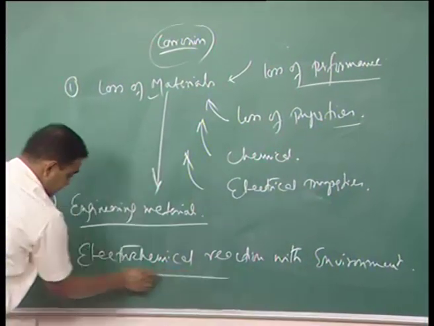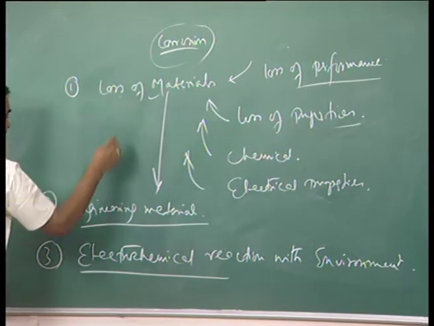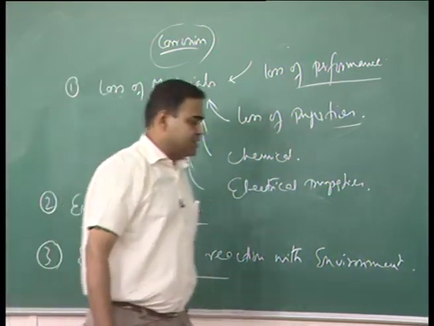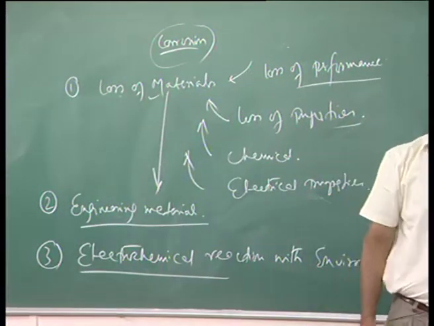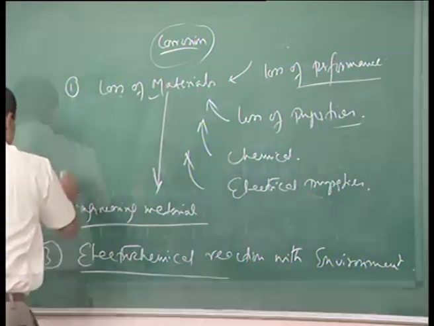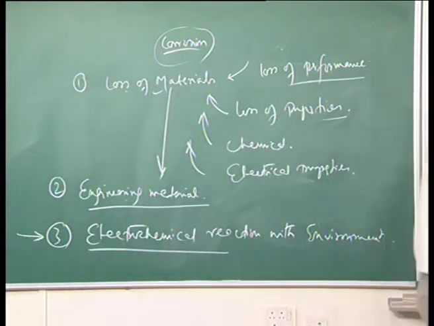Now this is a very important part. This loss of material, or rather loss of engineering material, is happening because of electrochemical reaction with its environment. So now let me concentrate on this part. Let us understand what we mean by electrochemical reaction.